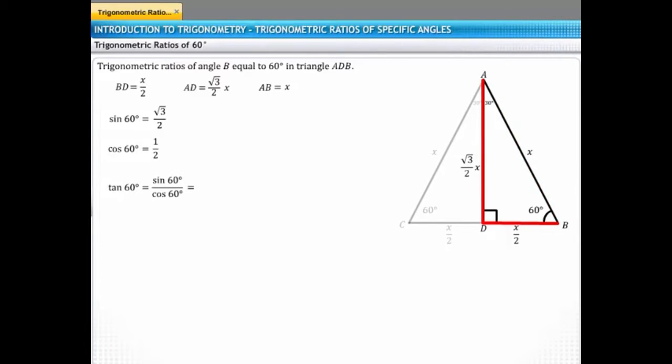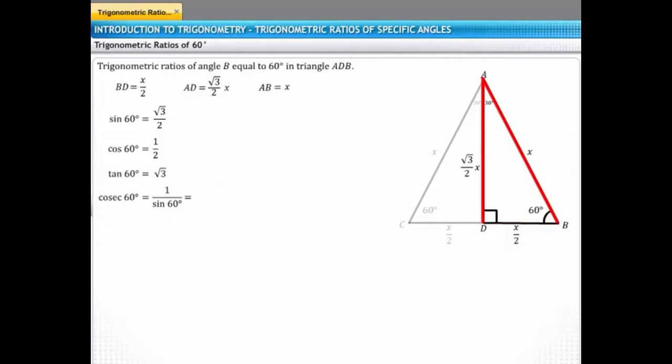Tan 60 degrees is equal to the ratio between sin 60 degrees and cos 60 degrees. Putting in the values of sin 60 degrees and cos 60 degrees, we get tan 60 degrees is equal to root 3.